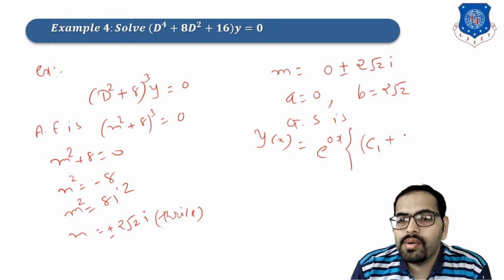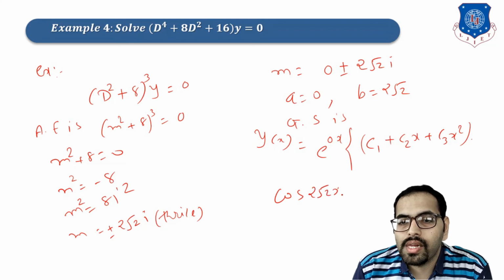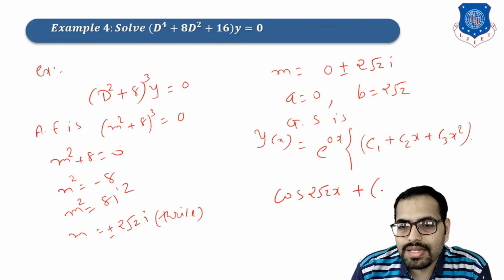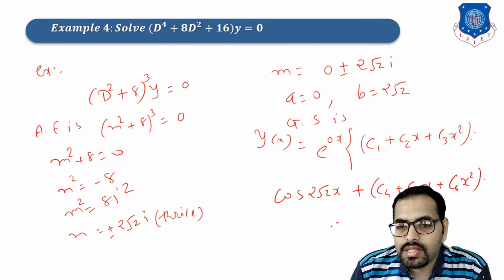Then c1 plus c2x plus c3x square into cos 2 root 2x plus c4 plus c5x plus c6x square into, this one is also product form, sin 2 root 2x.